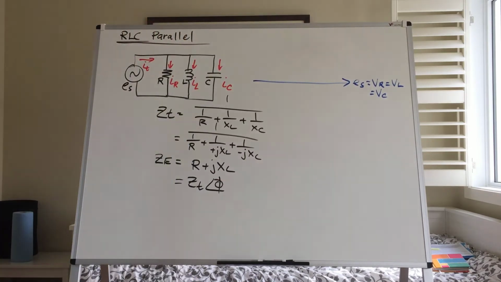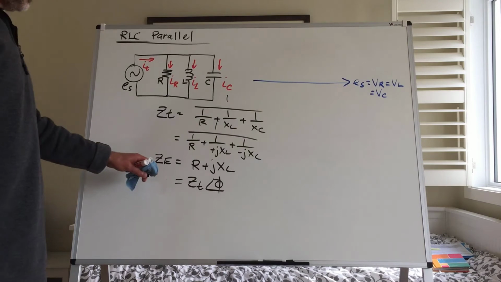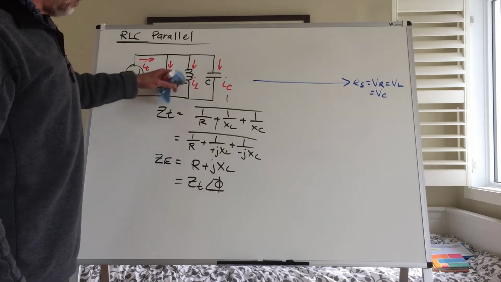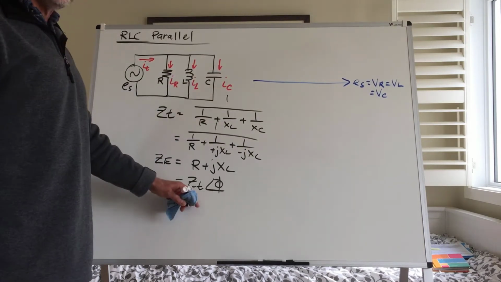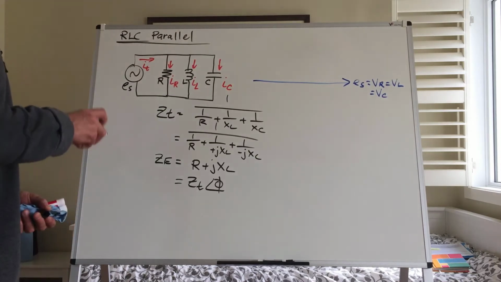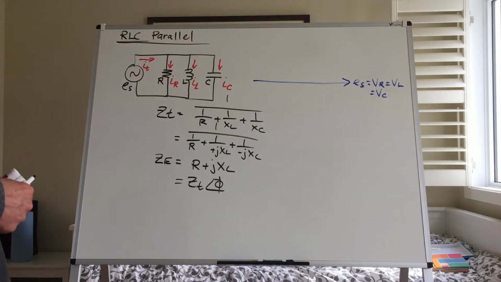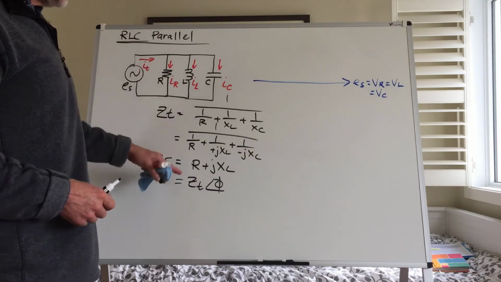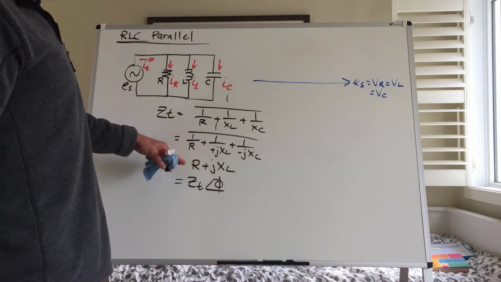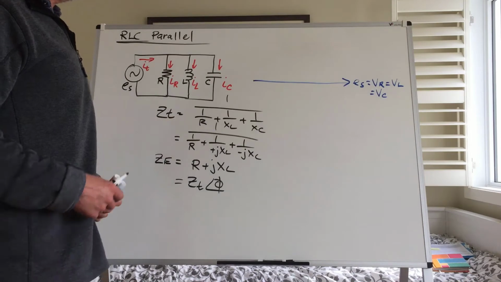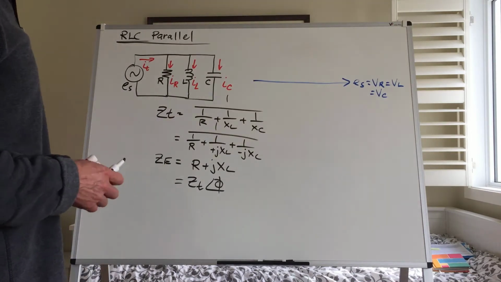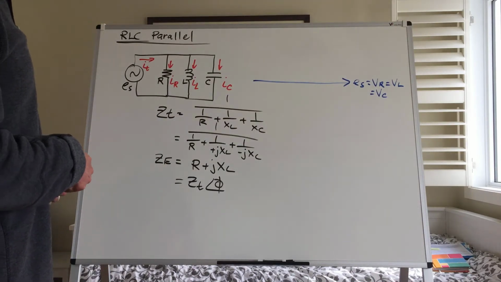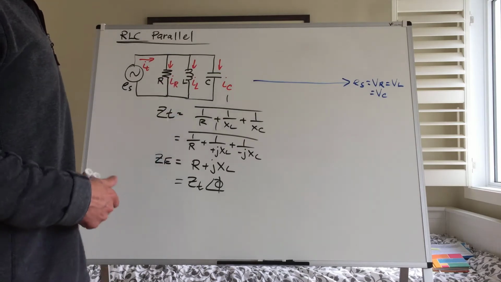But remember, this is indicating for this parallel circuit what its equivalent impedance is as far as a series connection goes. So there's a process. It doesn't go directly to this based on just plugging in the numbers like we can in series. It's a process of doing your product over sum of your parallel equation to get this result.